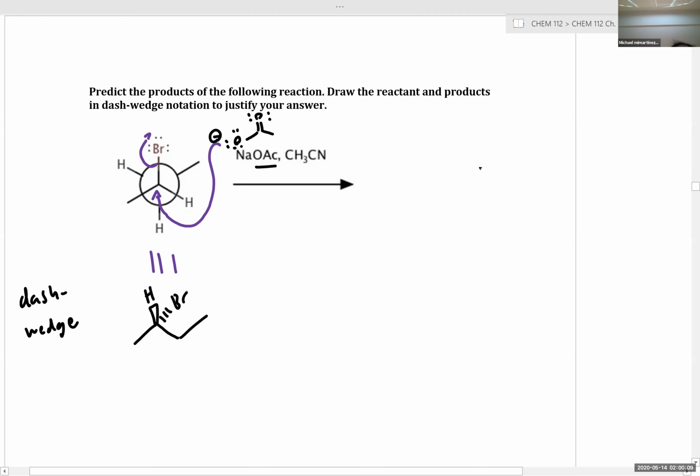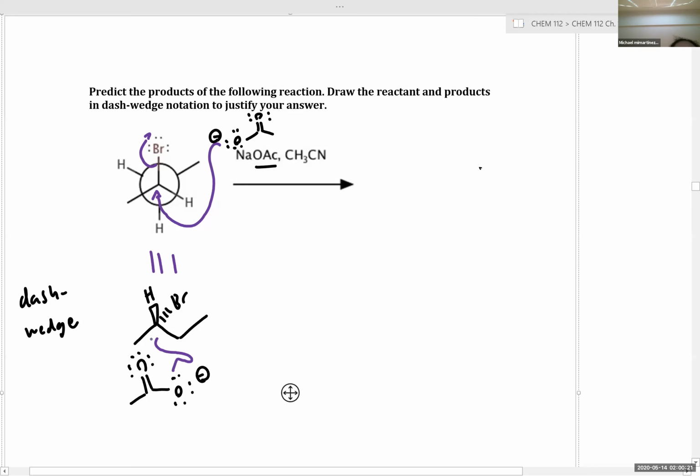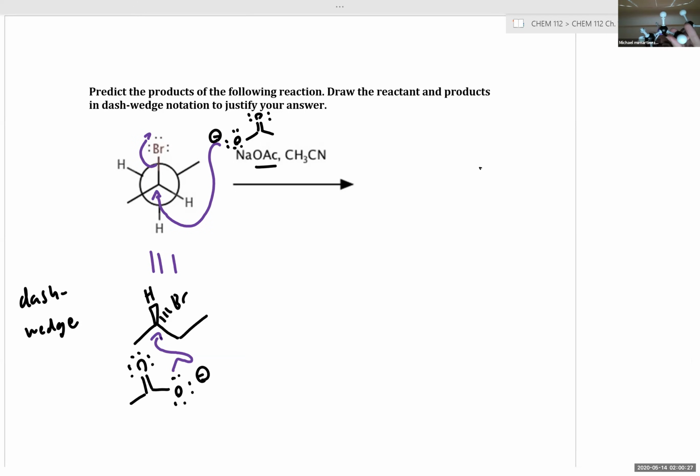Okay, so if we're drawing the attack of our nucleophile, our nucleophile is going to attack from the back of our bromine. Thinking about the backside of our bromine, if our bromine is all the way in the back here, the backside would be an attack.